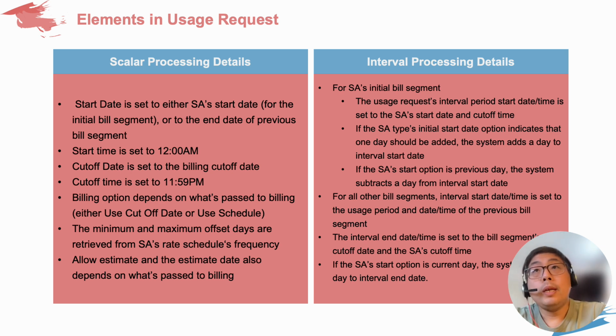Normally, on the projects I've been working with, they don't allow estimates, because interval is based on half hourly data, and if it's not accurate, it doesn't make sense to estimate a half hourly read.